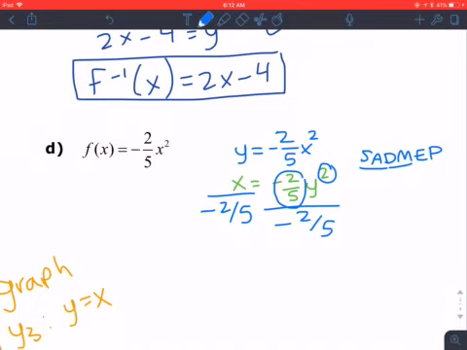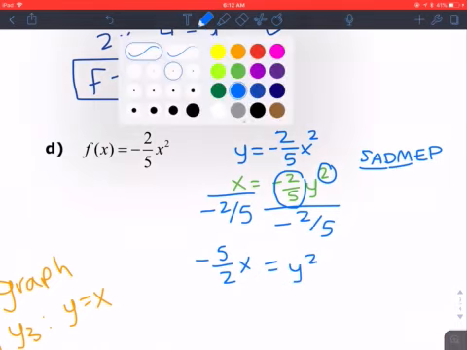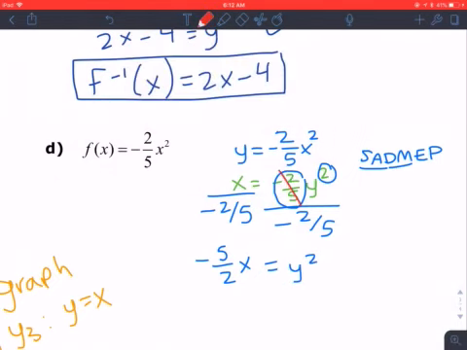So if you need to look back at some fraction stuff, Google some videos, but you do need to know how to do operations with fractions. So we've got negative 5/2 x is equal to y squared. Because multiplying by negative 2/5 and dividing by negative 2/5 is the same thing.